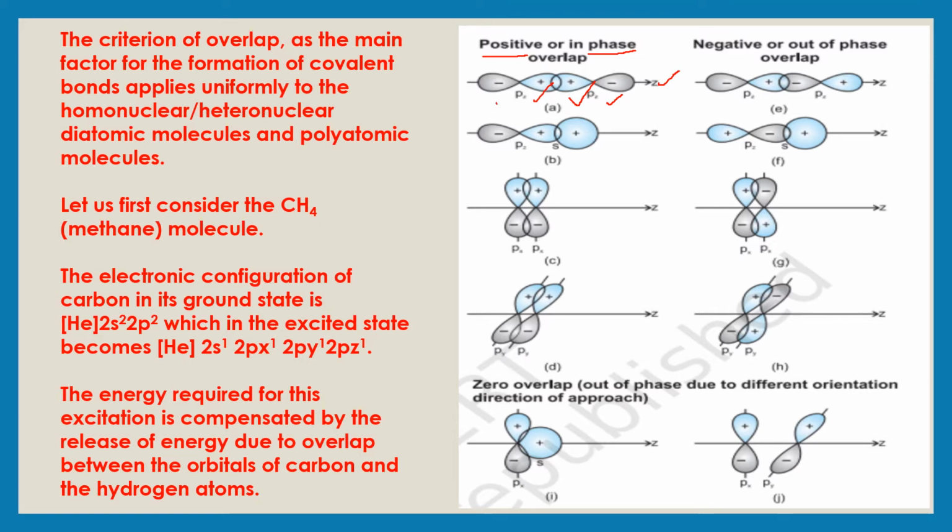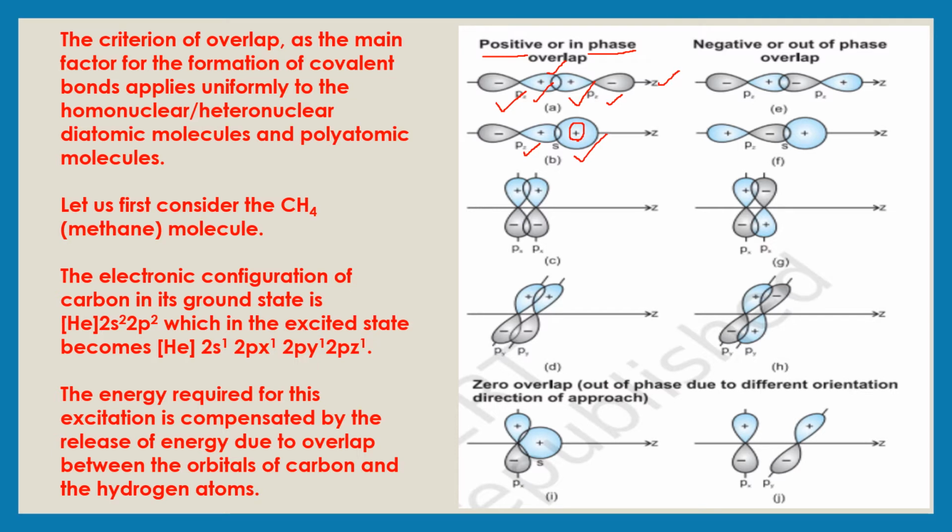So two pz orbitals from different atoms are overlapping, and if it is a positive or in-phase overlap like this, or suppose this p orbital is overlapping with an s orbital, s is spherical, so it can overlap with the positive lobe of the p orbital, and you will notice that s orbitals are always shown with a positive sign, just to show that the sphere is equally distributed around the nucleus of an atom. So by convention, they have given it the positive sign.